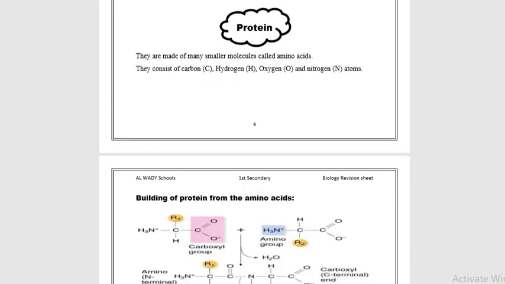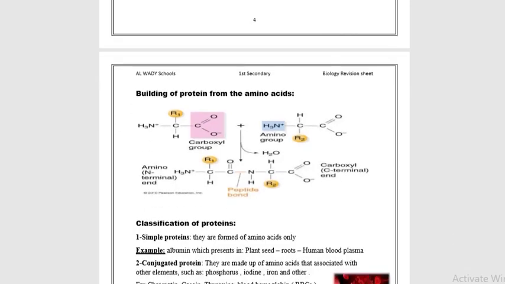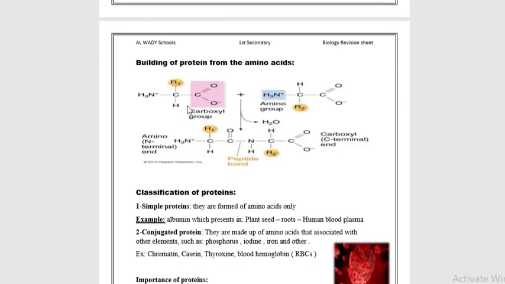They are made from the smallest unit called amino acid. They consist of carbon, hydrogen, oxygen, and nitrogen. These are two amino acids, and this is the reaction that forms a protein by hydrolysis.